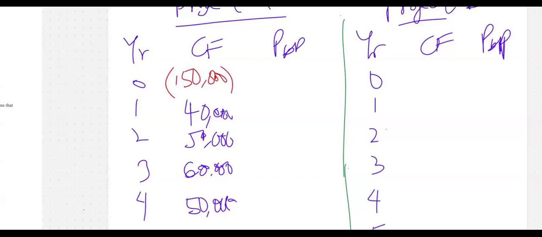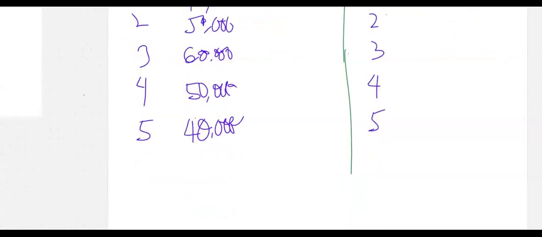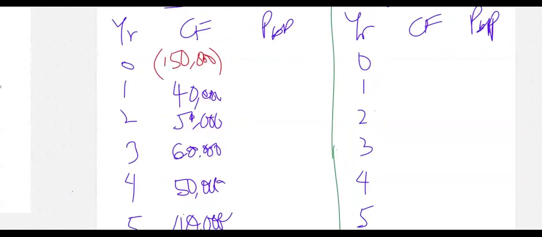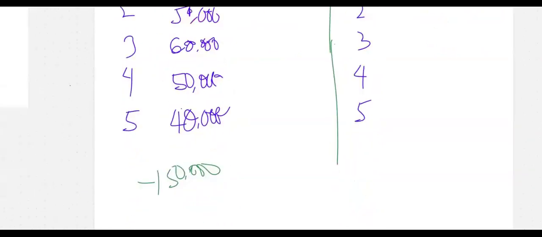So we're going to pay this 150,000 Ghana cedis, right? Don't forget the 150,000 cedis is negative 150,000. And for year one, how much are we going to receive at the end of year one? 40,000. And it's positive.